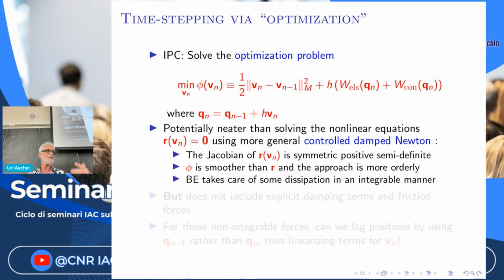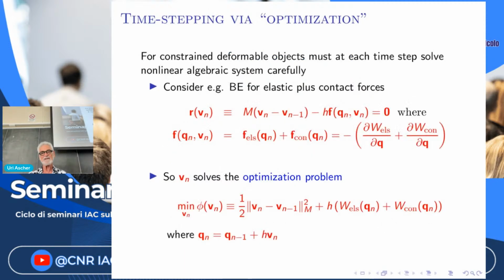Therefore, it is not just any matrix, it is symmetric positive semi-definite. So you have structure. Also, the funny thing is backward Euler, remember, is the guy that introduces a lot of dissipation. So suddenly you have dissipation that is taken care of in an integrable fashion. This is something that I have not completely analyzed even for myself. How does it happen that this part of the dissipation force is done in an integrable way?